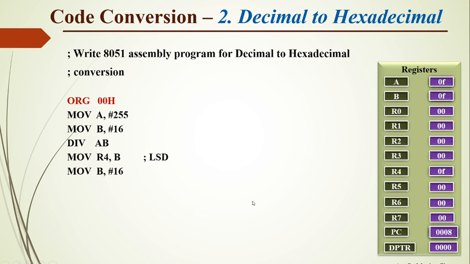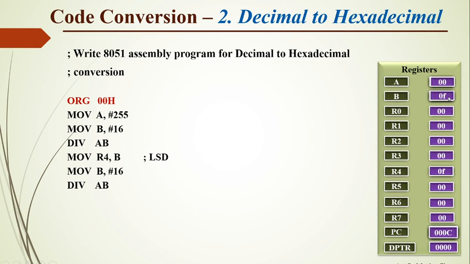Now load register B with the divisor, that is 16, for the next division. After the instruction DIV AB, the accumulator will contain the quotient, that is equal to 0, and register B will contain the remainder.